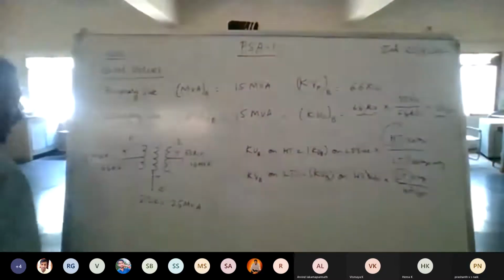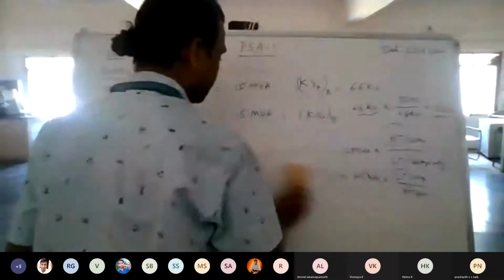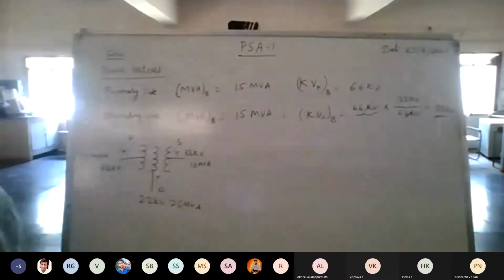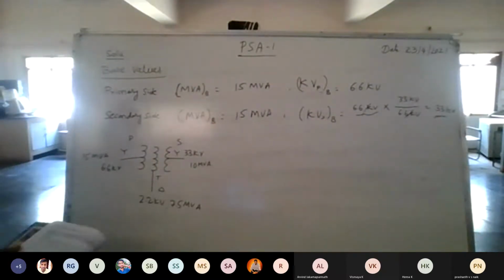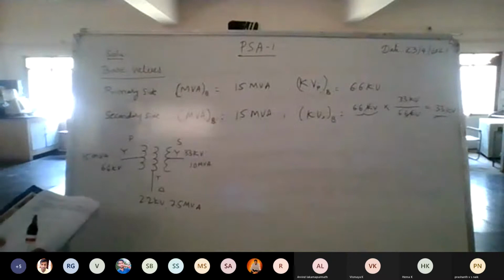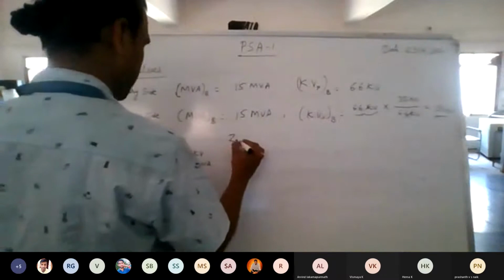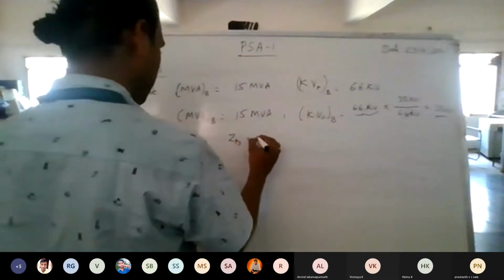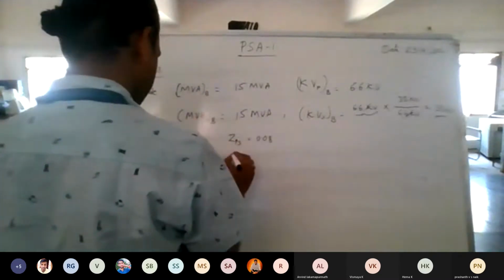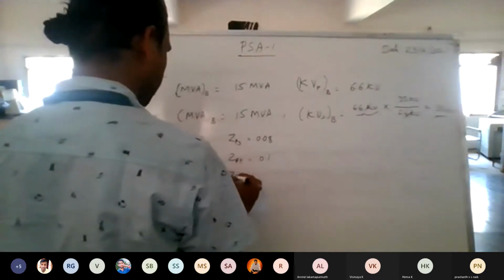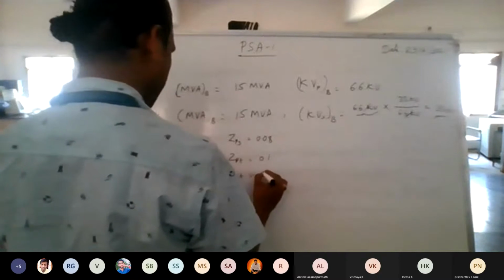So next, we need to write the per unit impedances that are also given: ZPS is equal to 0.08, ZPT is equal to 0.1, and ZST is given, that is 0.12.